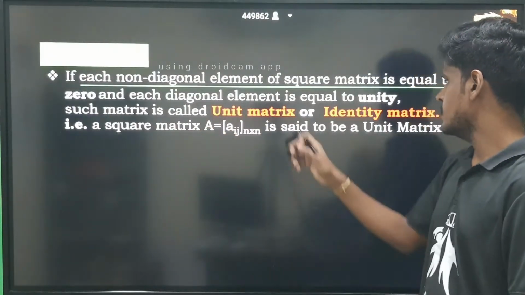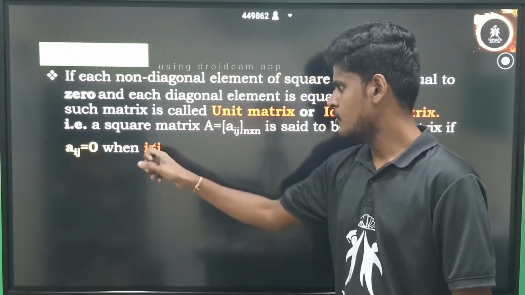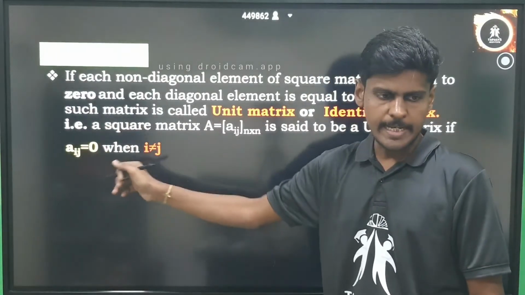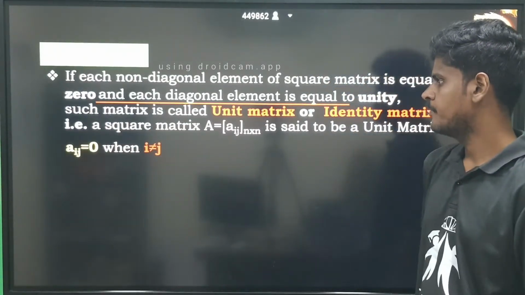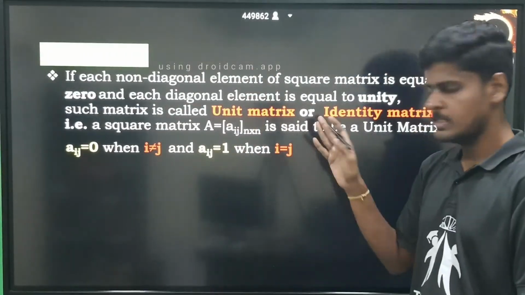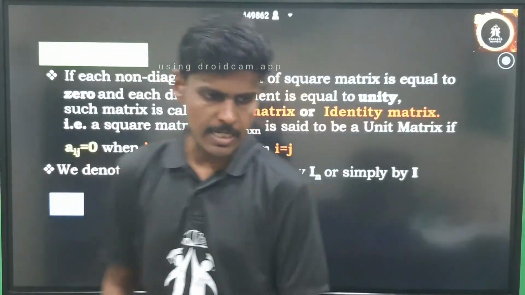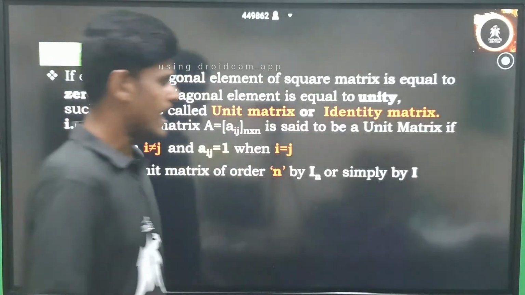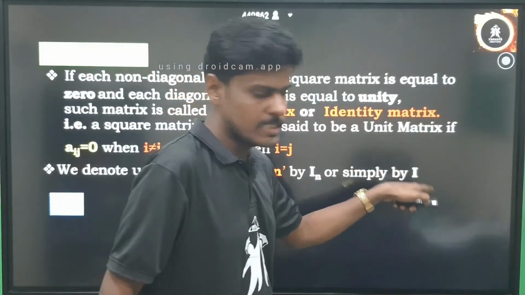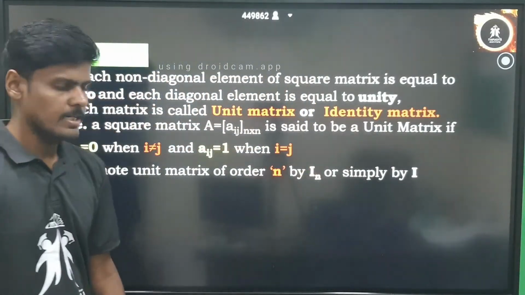A square matrix is said to be a unit matrix if aij is equal to 0 for i not equal to j, that means all the non-diagonal elements become 0, and aij equal to 1, that means all the diagonal elements are 1. We denote a unit matrix in general by the letter capital I: I2, I3, I4. In means I is a unit matrix of order n.